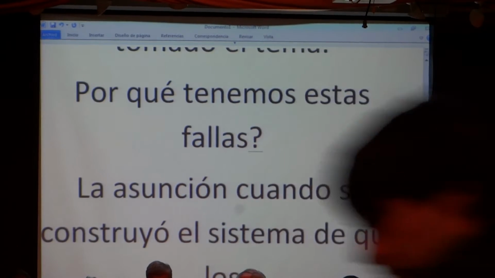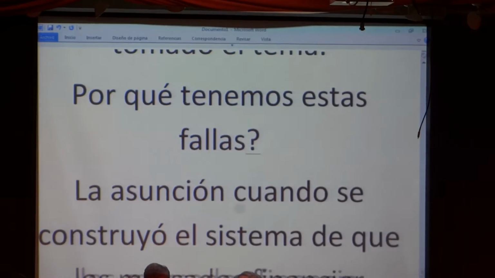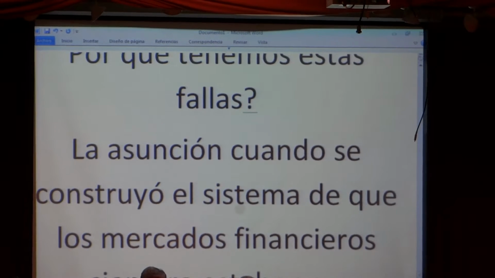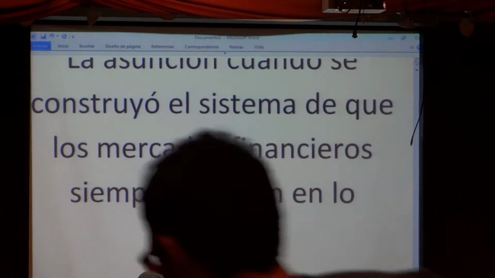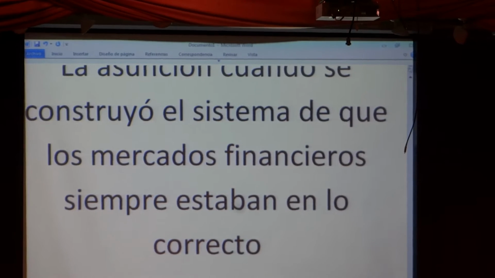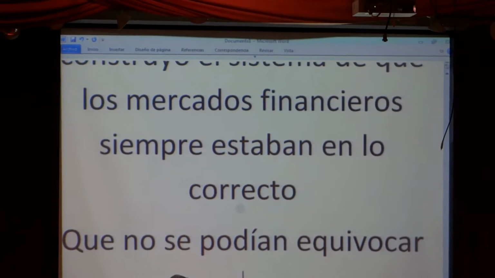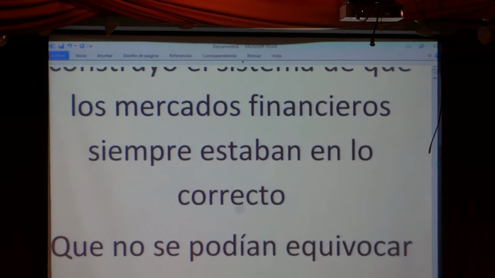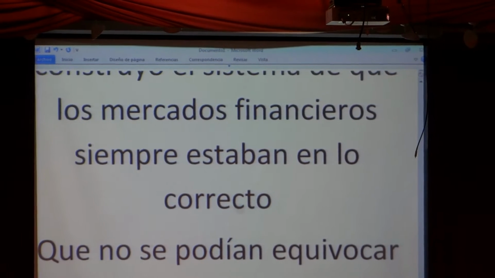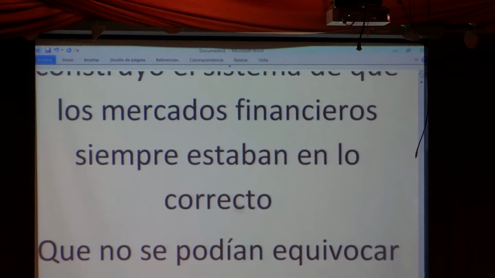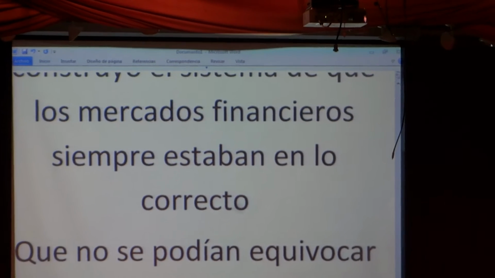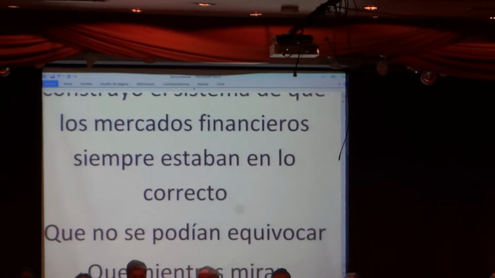They couldn't make mistakes. That was the first assumption, and from it, you could draw a second assumption, which was that as long as the financial markets are looking at what the governments are doing, there can never be any financial crisis. So that was the assumption.